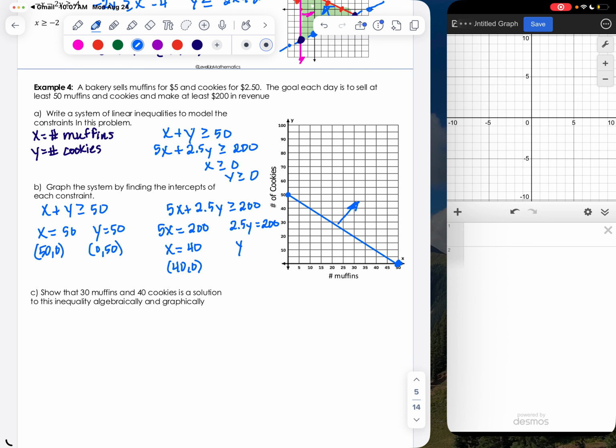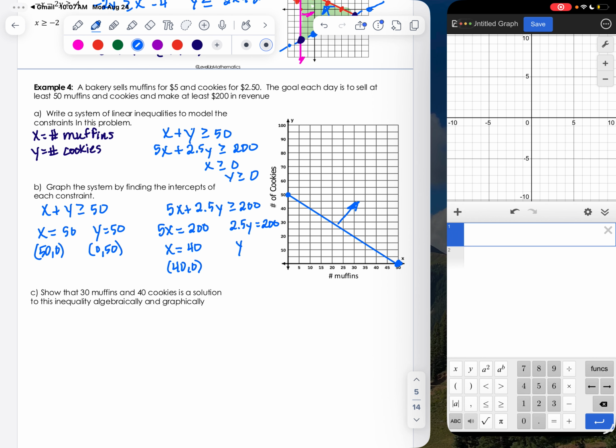Now divide both sides by 2.5 here. So 200 divided by 2.5 gives me 80. So (0, 80). So I'll do this line in a different color. I have an x-intercept at (40, 0), and a y-intercept at (0, 80).